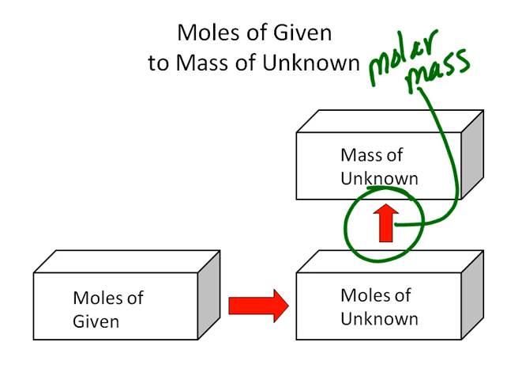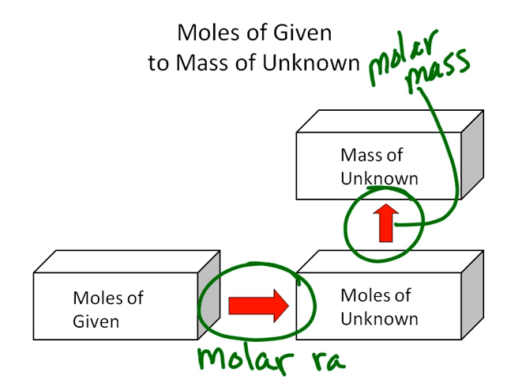This arrow is just like our previous diagram. This will be molar ratio, and then molar mass goes from moles to grams.